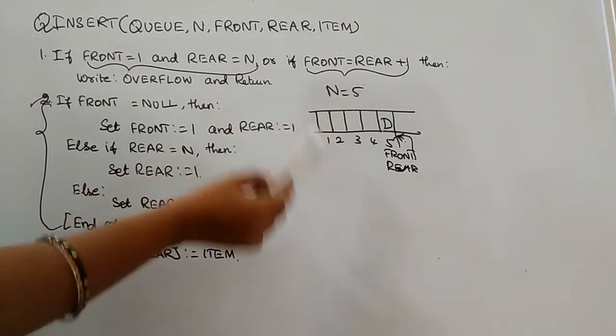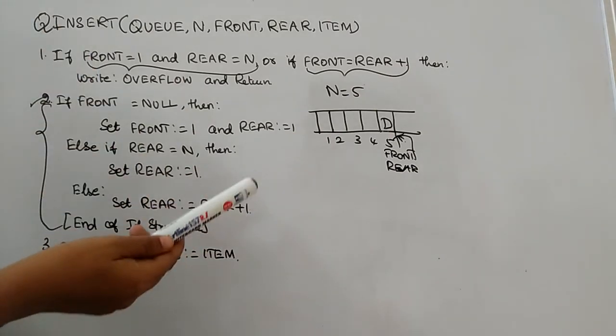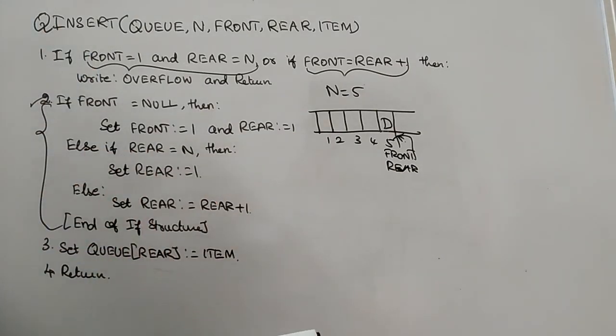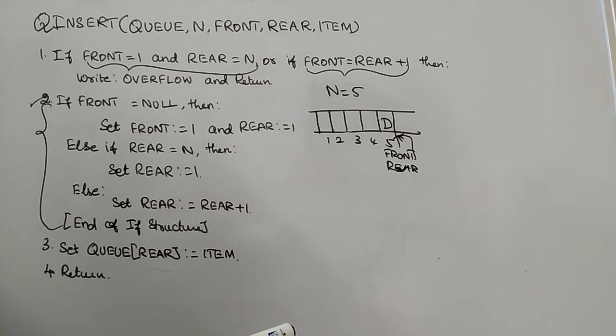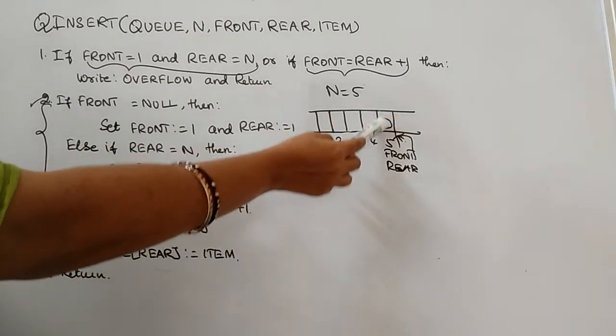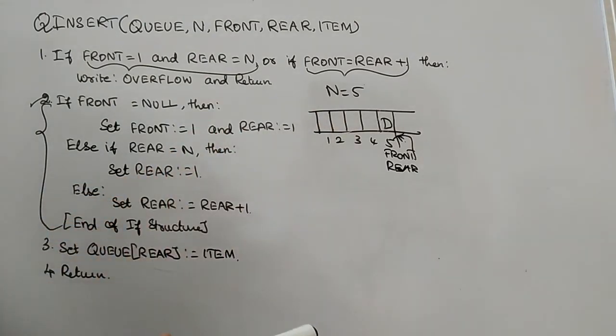Just consider this one. If there is a space, I couldn't conclude that condition as an overflow. Overflow occurs only when all the spaces are occupied by elements. But here, there are many spaces; the last space is occupied by the element and the rest of the spaces are empty.